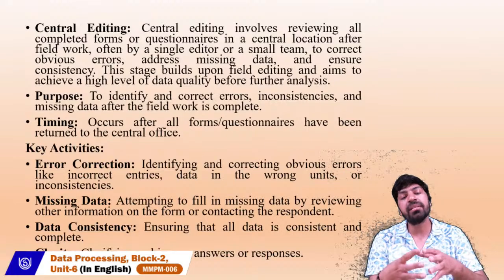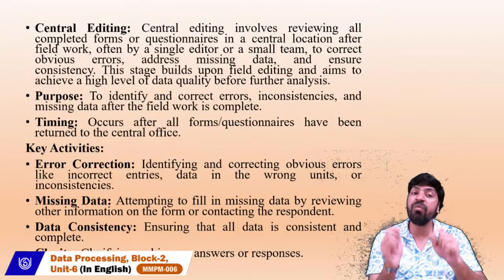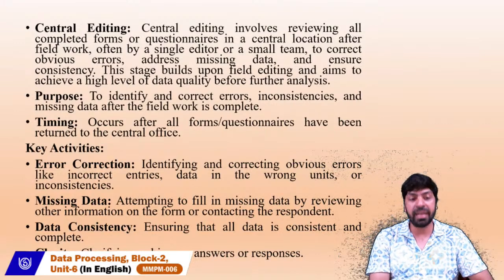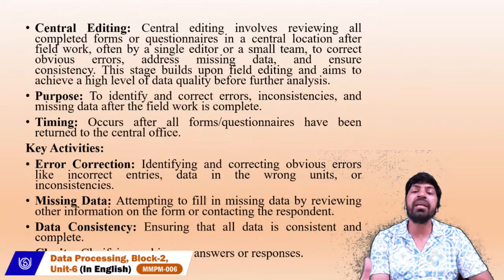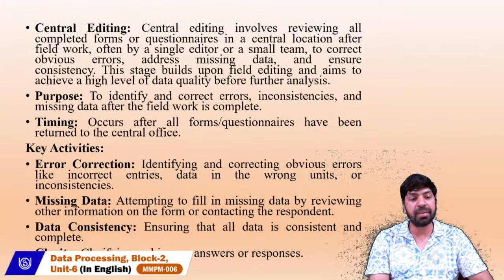Now the question arises: what are the key activities involved in central editing? The first one is error correction, which is done by the single editor or the small team.